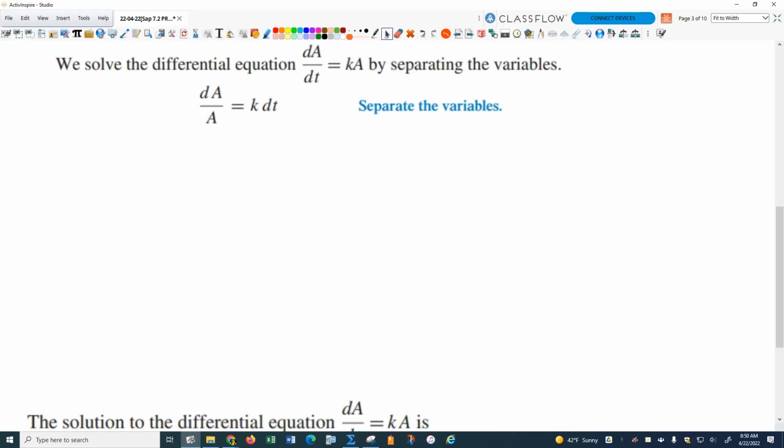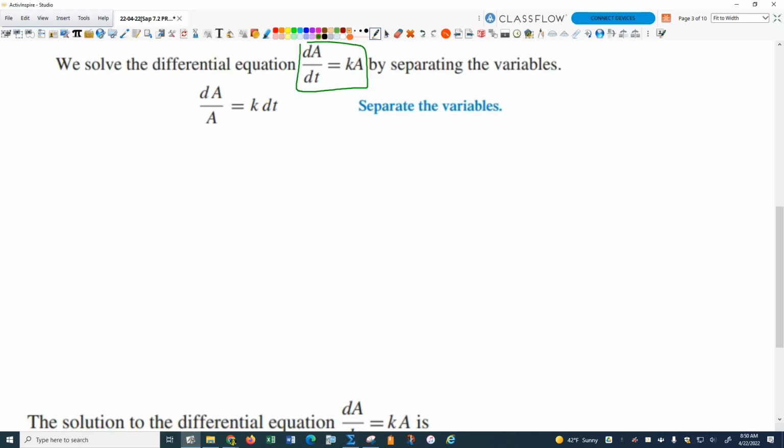And in this case, if it's uninhibited growth or decay, all you have to remember is that the rate of change is proportional to the amount of the substance. So that's really where we're starting right there. That's the differential equation we always start with.